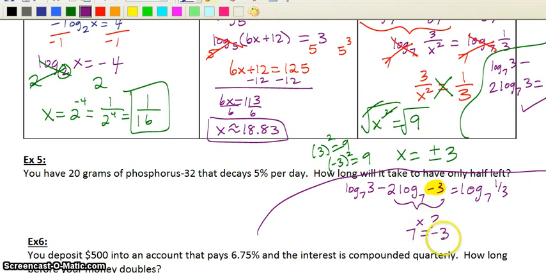If you started positive, there's no way I can make it negative with an exponent. So that is why that doesn't work. That means that the negative 3 is extraneous and only the positive 3 is our answer. So x equals 3, negative 3 was an extraneous solution.